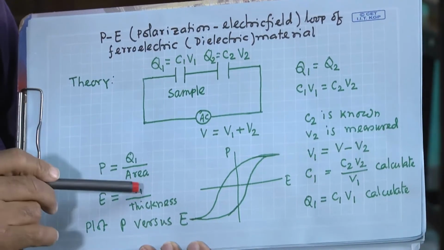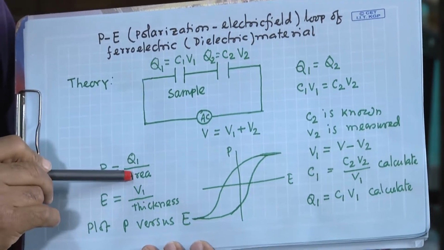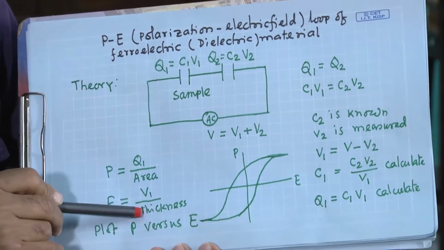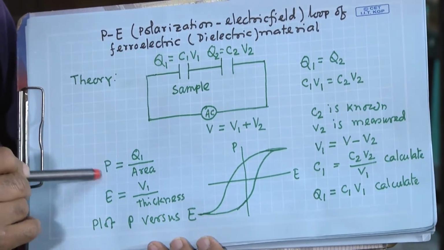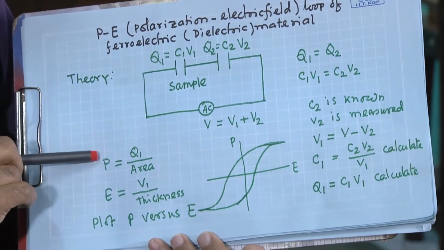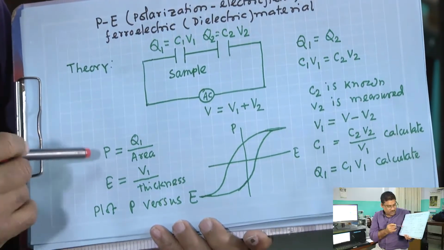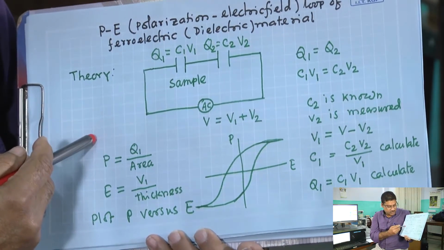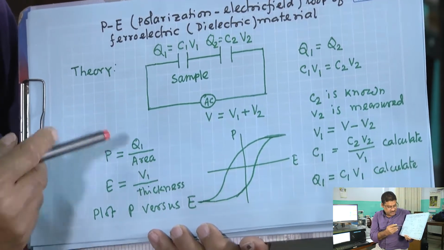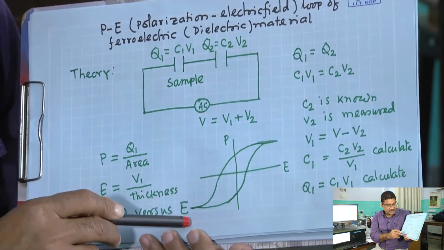From Q1 and V1, and the known area and thickness of the sample, we can calculate the polarization and the corresponding electric field. So, for different electric fields, we want to measure the polarization. Then we will plot P versus E.